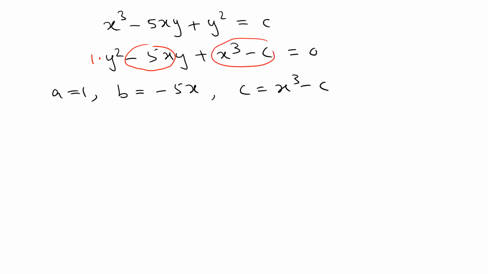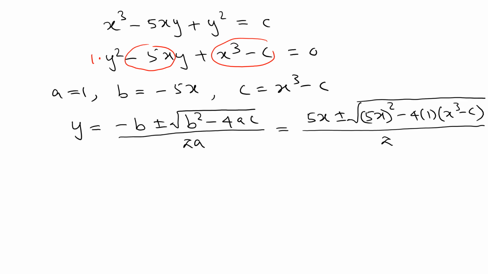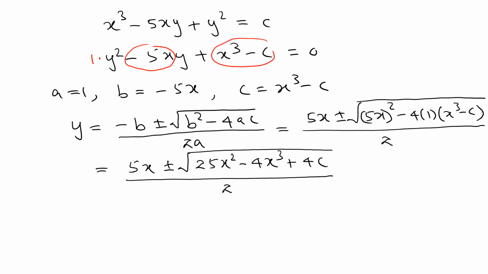So we can plug this into the quadratic formula, and then we get this, and then you can simplify. So you get y as a function of x, and depending on the c value, you can get different answers for this one: real, repeated, and complex. So that means there are certain situations where you can actually solve for y directly. Okay, let's look at the next one.